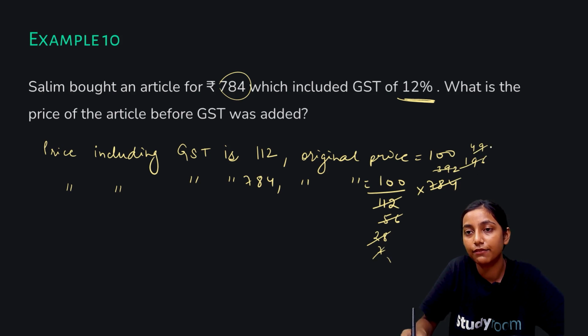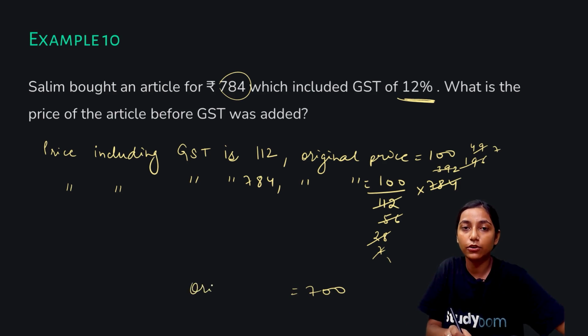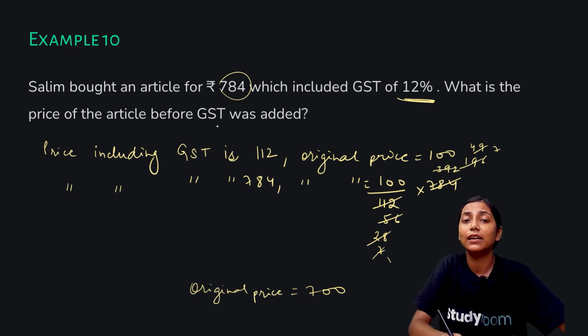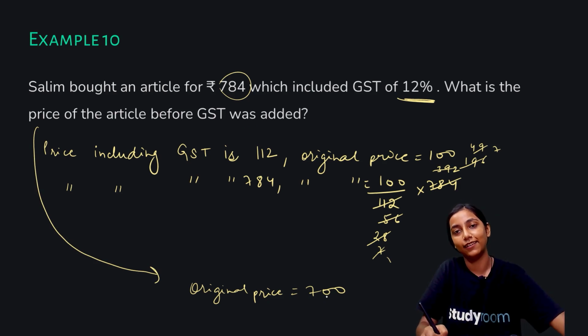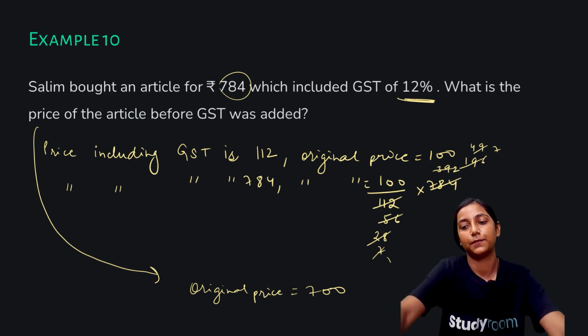So this gives us 700. So we have found out the price of that article before GST was added comes to be rupees 700. 784 already included a GST of 12%, so the amount before GST was added is 700 rupees.